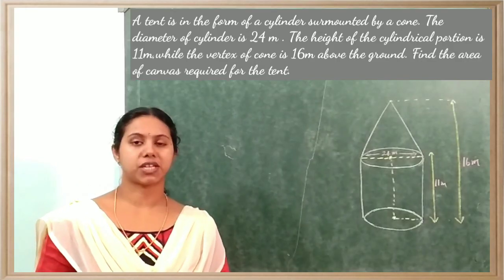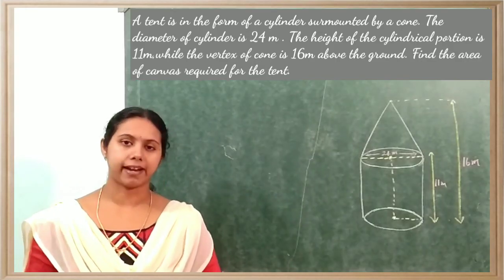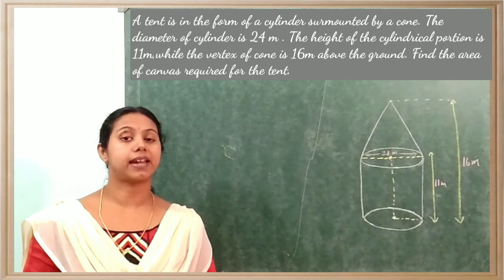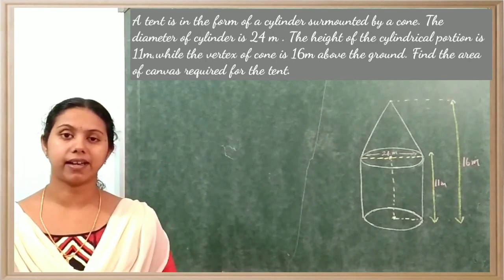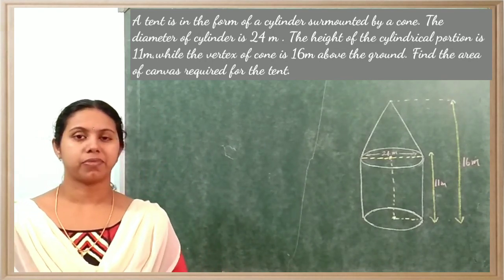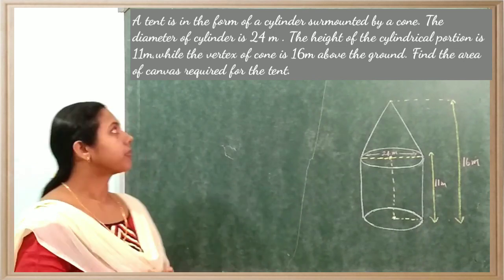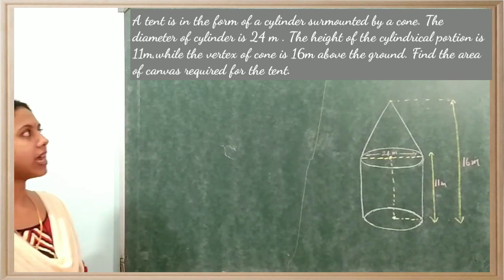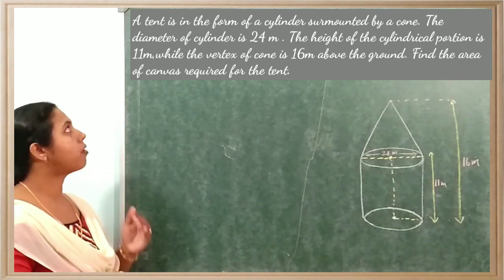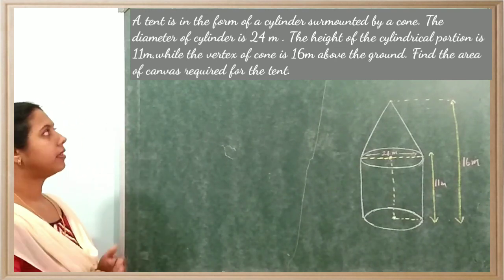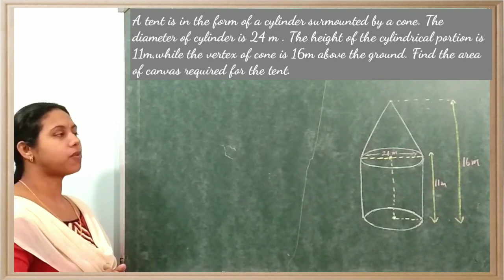In the previous section, we discussed the tent. We see that the tent is a combination of a cylinder and a cone. So let's see one question related to that. A tent is in the form of a right circular cylinder surmounted by a cone. The diameter of the cylinder is 24 meter.